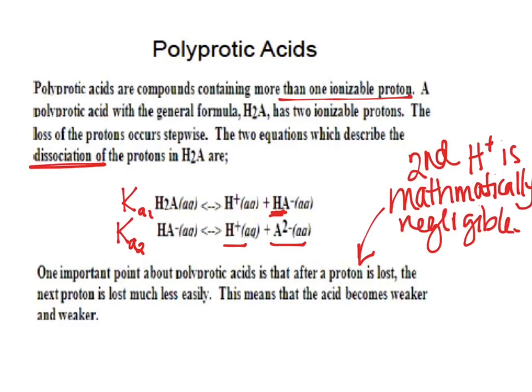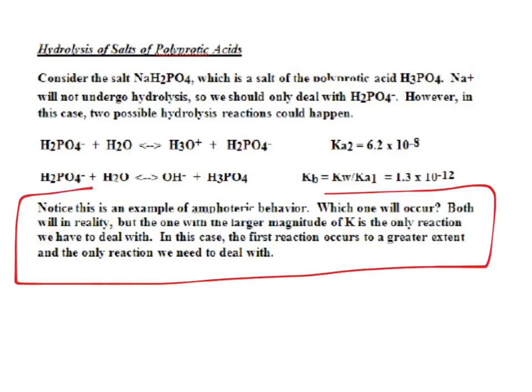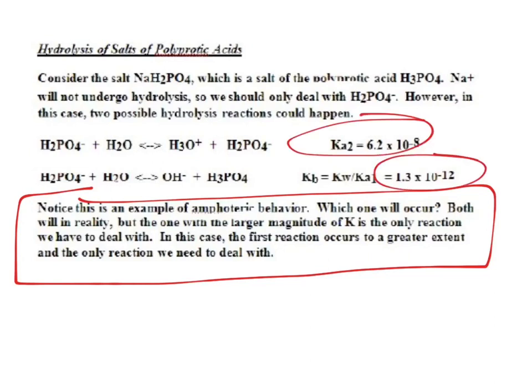So let's do some of these. When we're doing them as salts, you need to know that some of them will be amphoteric, which means one species acts as an acid and a base. Depending on which K value is larger, it will act as an acid or a base.